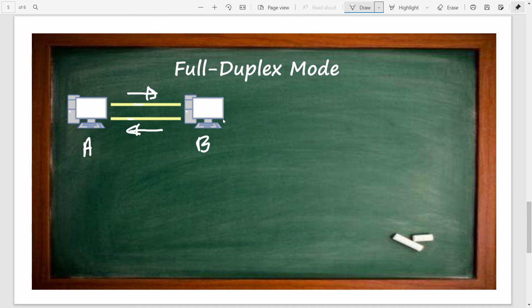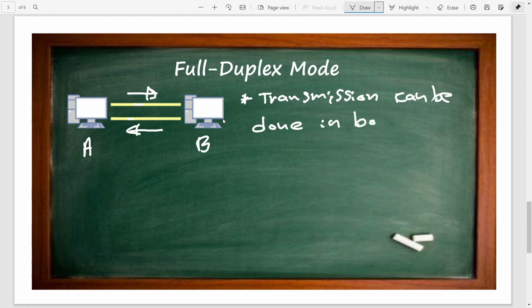In this full-duplex mode, transmission can be done in both directions.